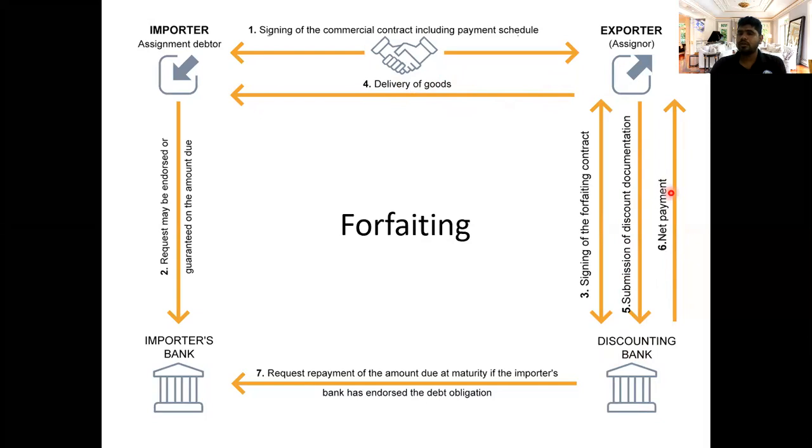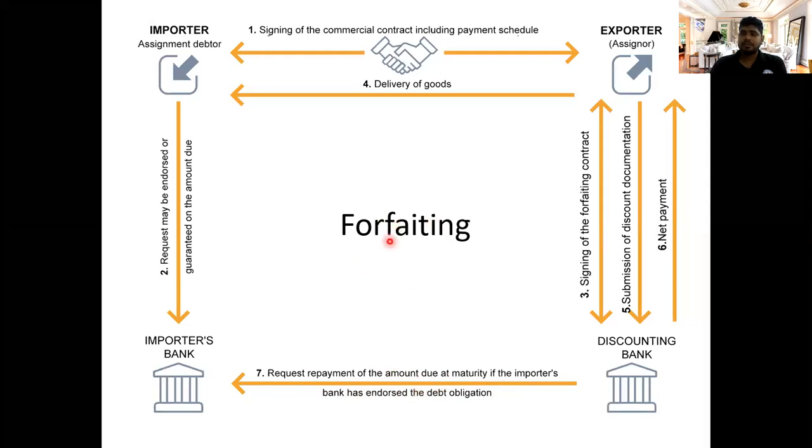We don't need to wait until the due date from the importer, right? The bank will give us the money, and then our bank will communicate with the importer's bank, requesting repayment of the amount due at maturity, if the importer's bank has endorsed the deposits.